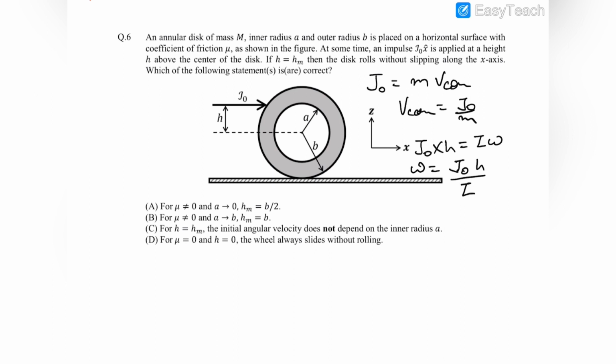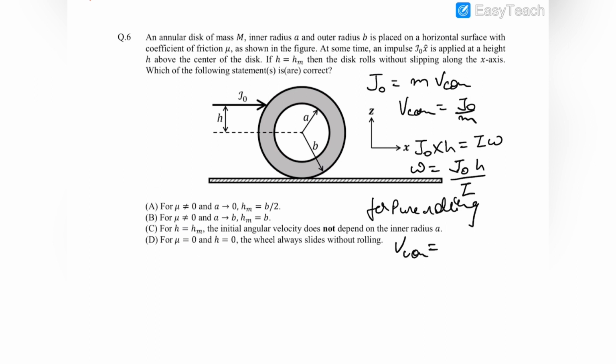Okay, so for pure rolling, it is necessary that v com should be equal to r omega, where r would be this one, b.